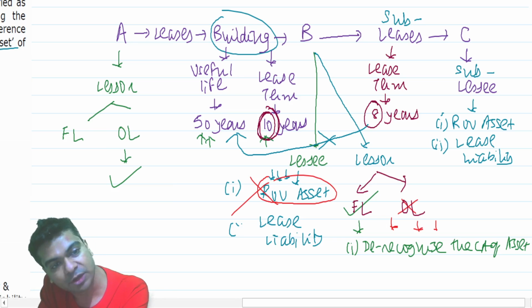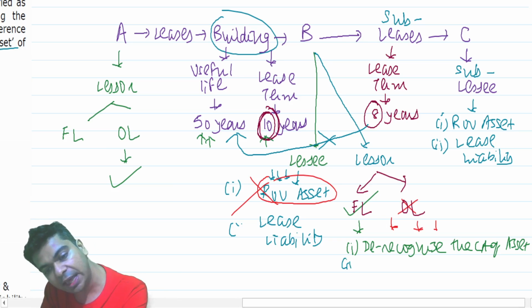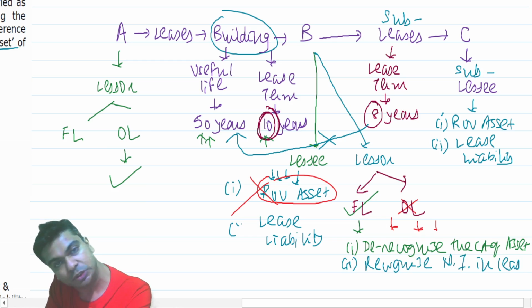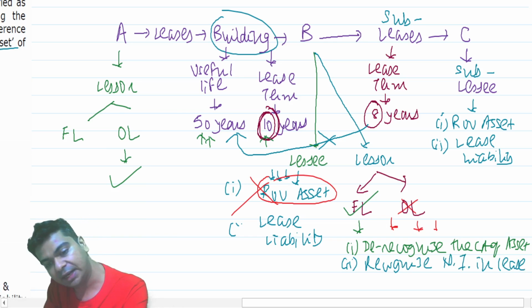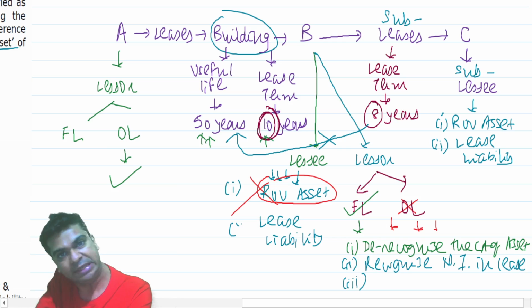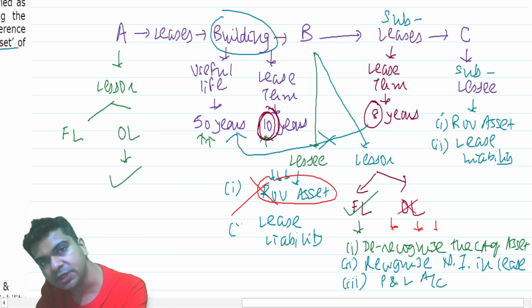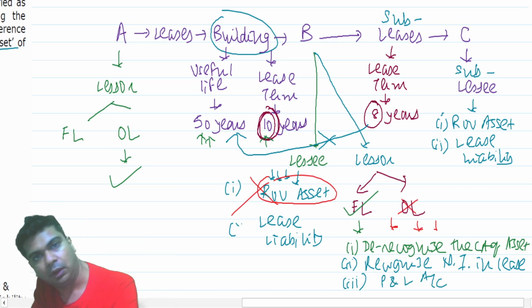The second thing that you have to do is recognize the net investment in lease. And third, whatever is the difference between the two will be recognized in the profit and loss account. You get my point?